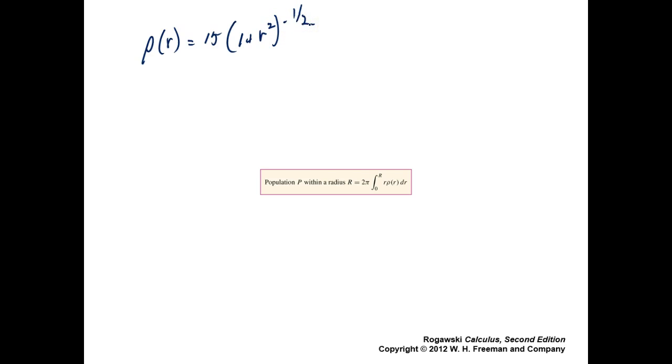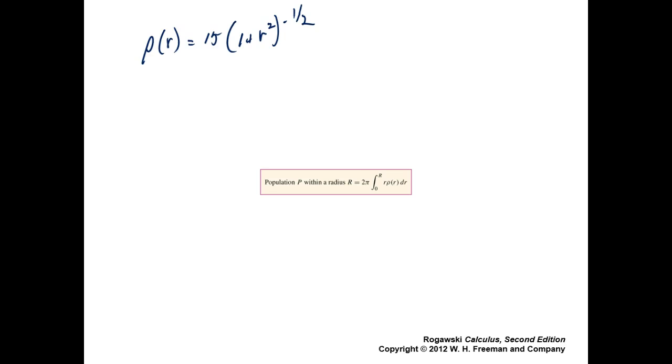By the way, that means just the thing in parentheses is to the minus 1/2. That's an okay way to write it. Most of the time you would see that as 15 over the square root of 1 plus r squared. But that's a really good way to write it if you're going to use your population density function formula, the integral.